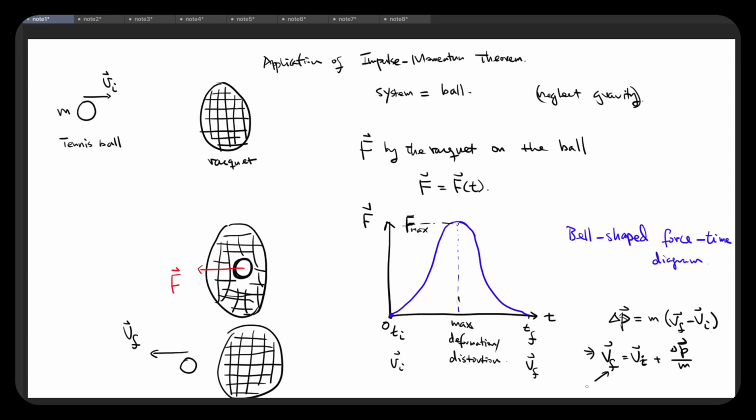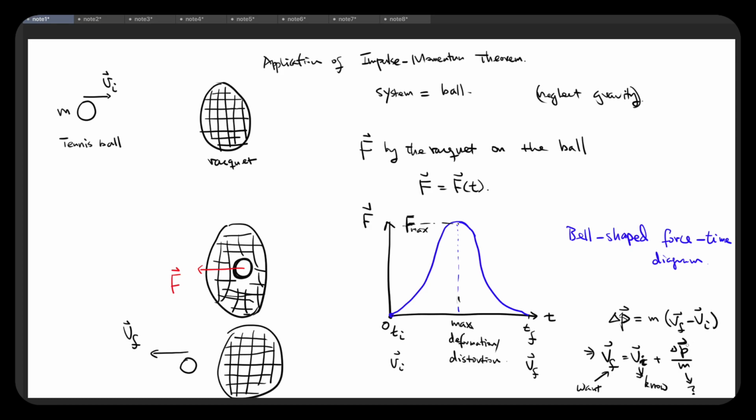So that's something we care about, right? So we want this, and we know vi. So the question is, do we know delta p over m? What's this?